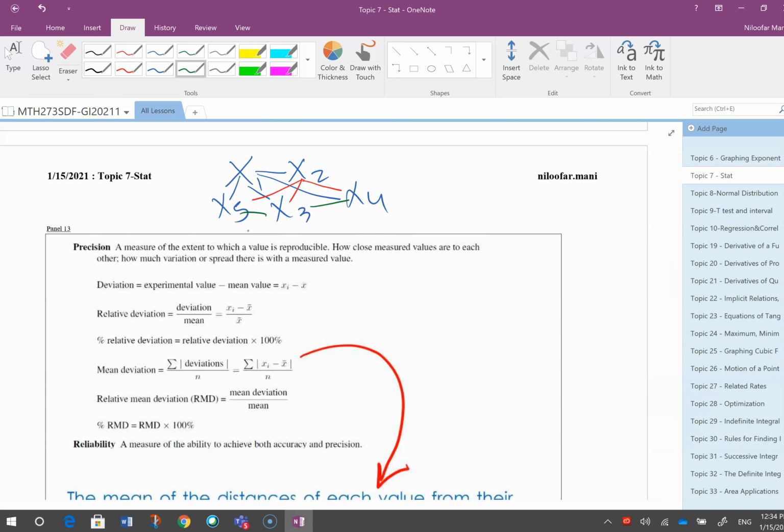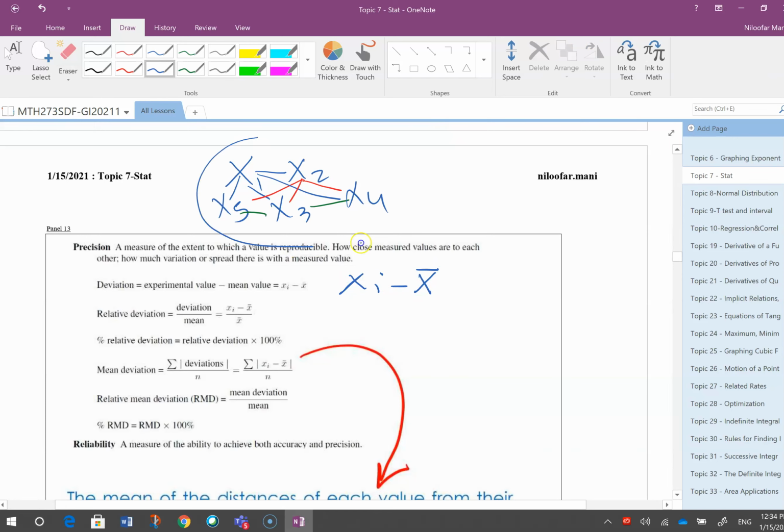I define deviation. Deviation is the subtraction of xi minus x bar.